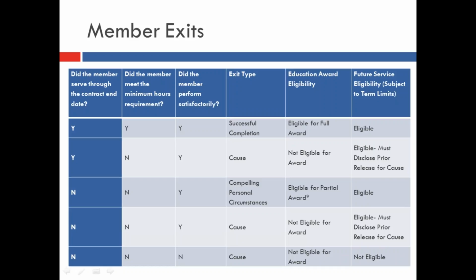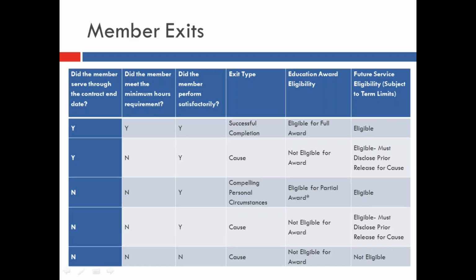And then I just wanted to show you the distinction between some of the cause exits at the fourth and fifth rows here at the bottom. You'll see the main difference here is whether the member is serving satisfactorily on those two. That's the difference between those two cause exits at the bottom.